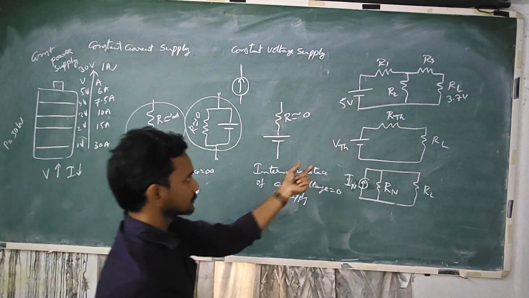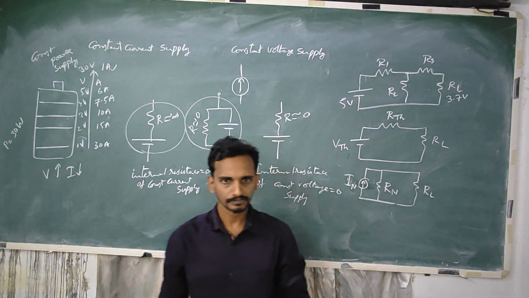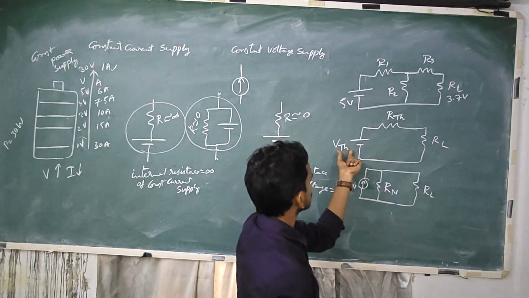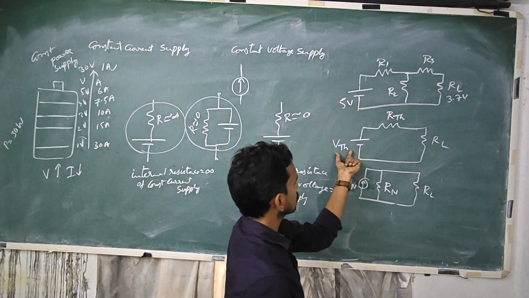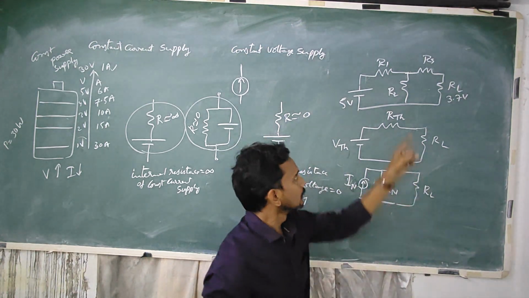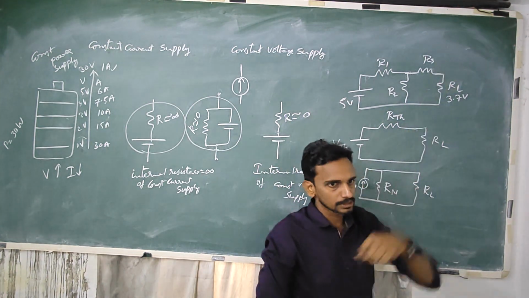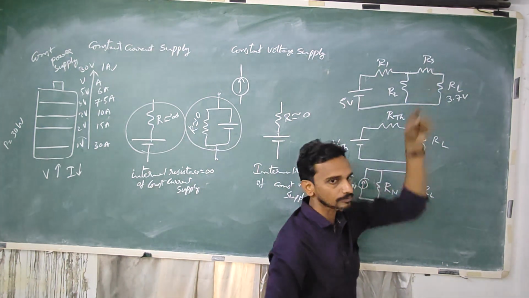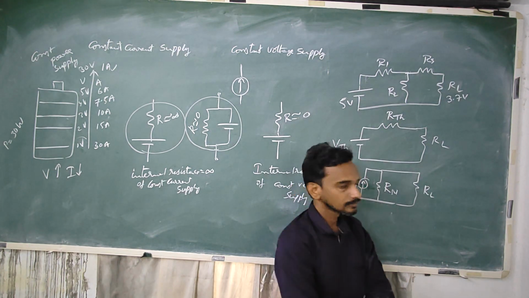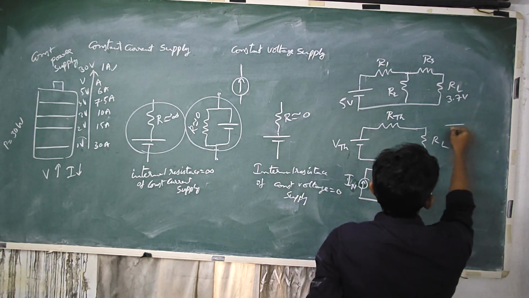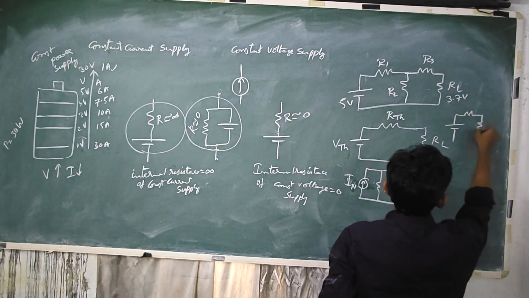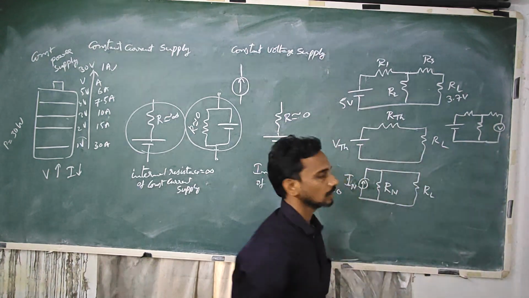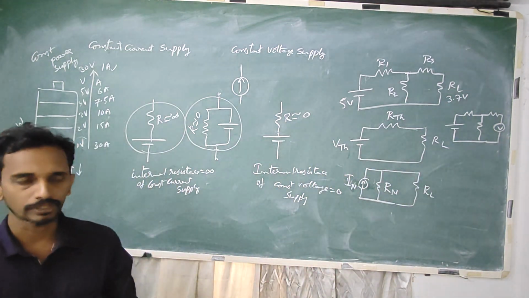So then how to get the value of VTH? The resultant voltage, or the Thevenin voltage, is obtained by removing the load resistance and measuring the voltage across the open terminals. So here you are measuring voltage across open terminals. VTH is obtained by removing the load resistance and connecting a voltmeter across the open terminals.